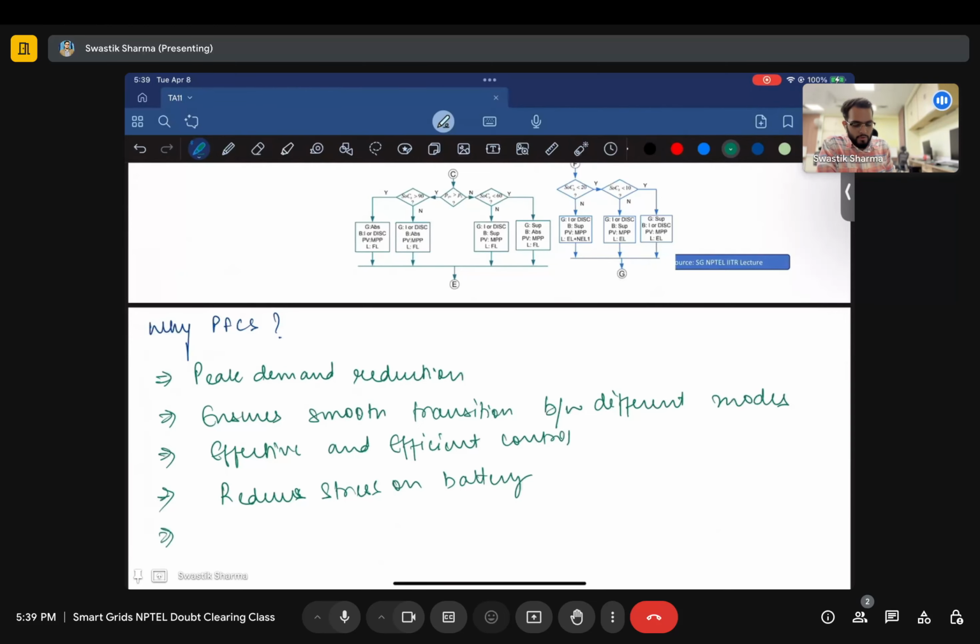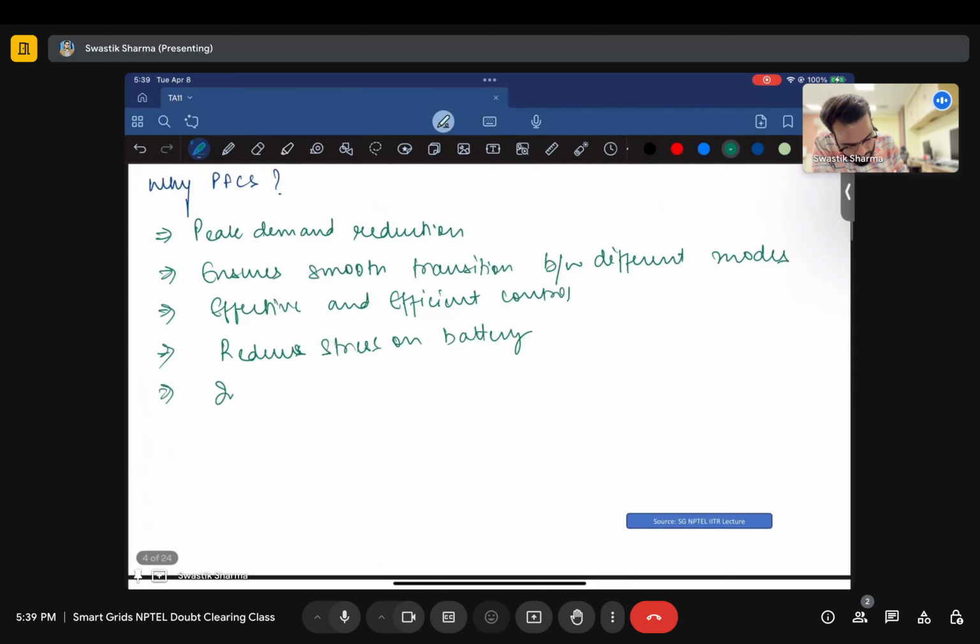Last, we want to increase the life of the storage system. By keeping that maximum and minimum limit dynamic, we are inherently making sure that we are increasing the lifespan of these storage devices.